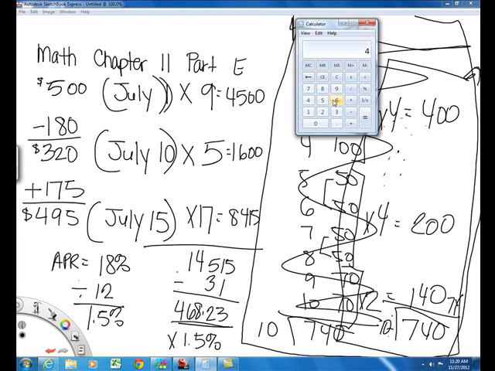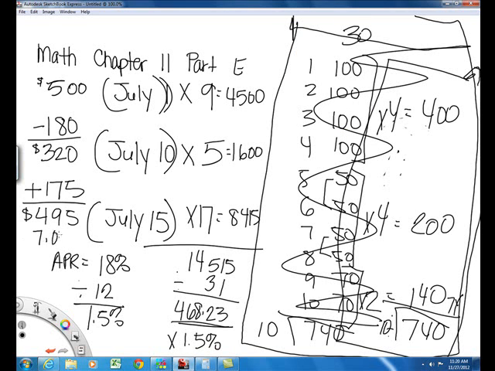So $468.23 times 1.5%. And so my finance charge is $7.02. That's my finance charge.